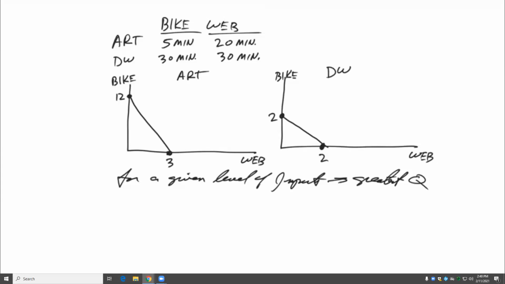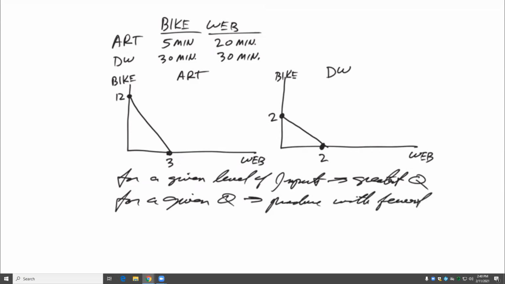Now, another way to look at absolute advantage is, for a given level of output, you can produce with the fewest inputs. This is the flip side of the same coin. I hope you can see this intuitively.